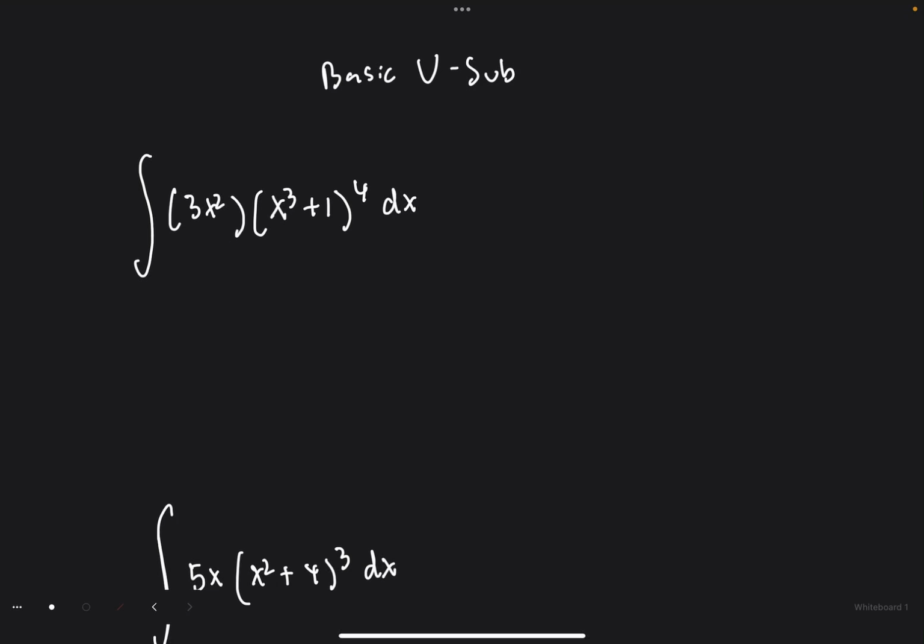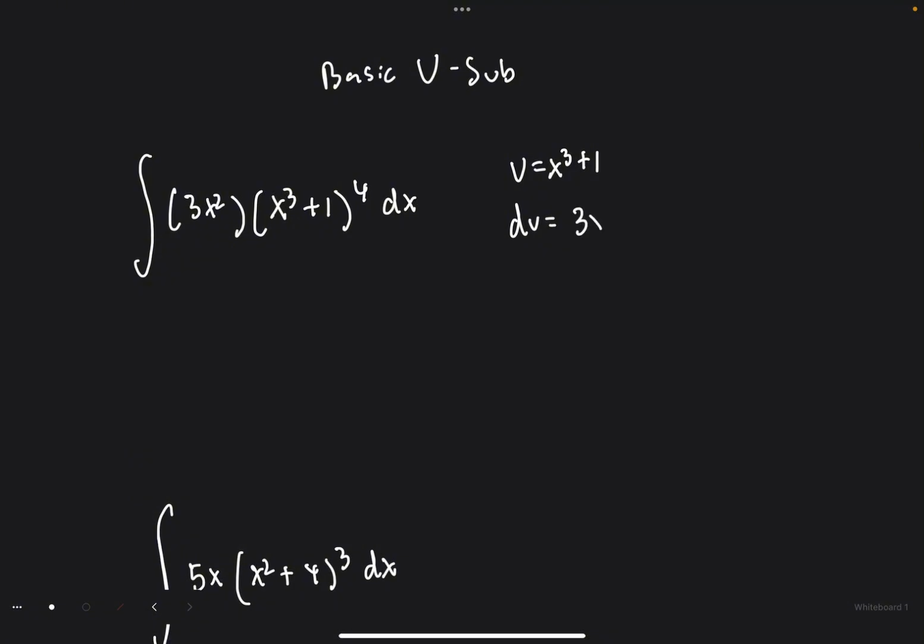So in this first example, we can sub in u for x to the third plus 1. And the next step would be to get to du. du is going to be, we're now going to find the derivative of this function.